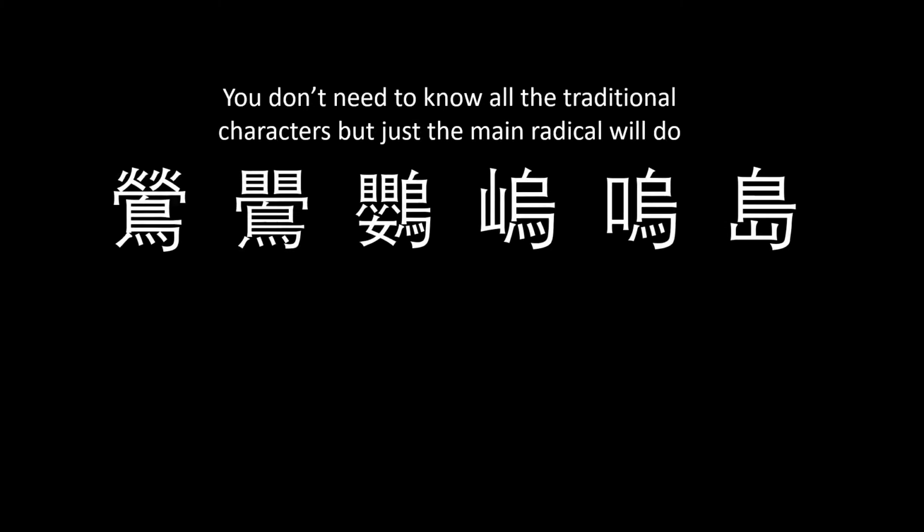More examples. Here in this case, you need to know the bird radical. It doesn't matter whether it is at the bottom or at the side. You just need to know one particular radical and that's enough. This one is a bit special.